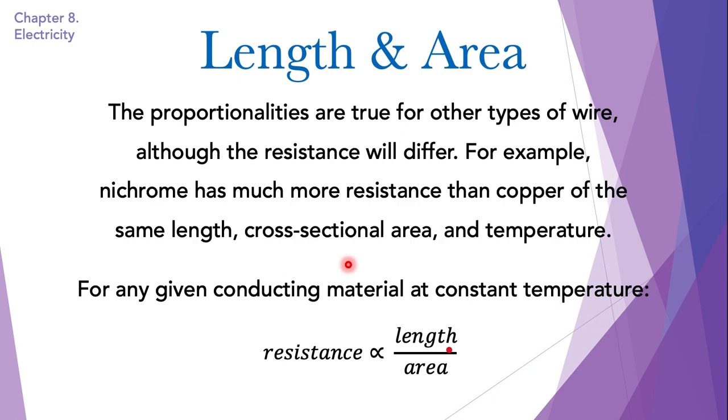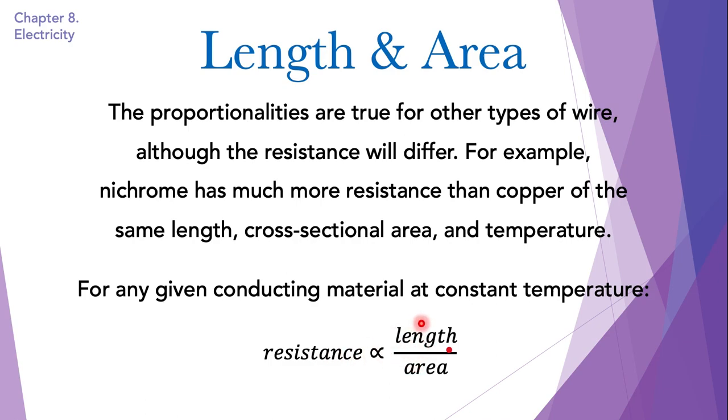So for any given conducting material at constant temperature, resistance is directly proportional to length divided by area. In simple words, resistance is directly proportional to length and inversely proportional to area.